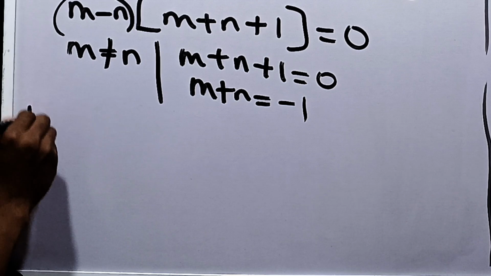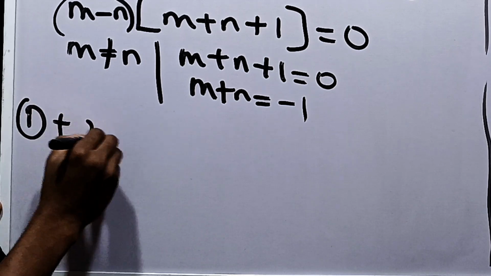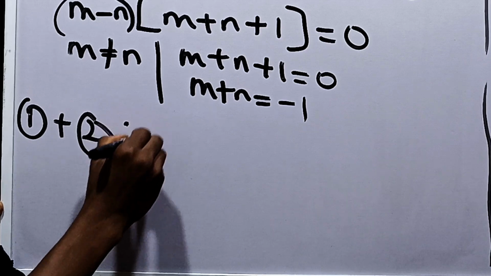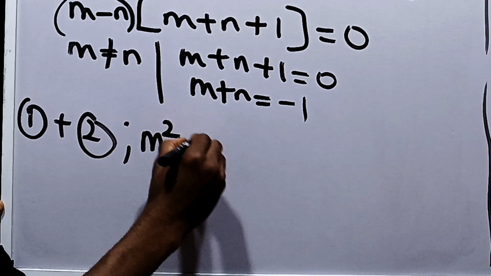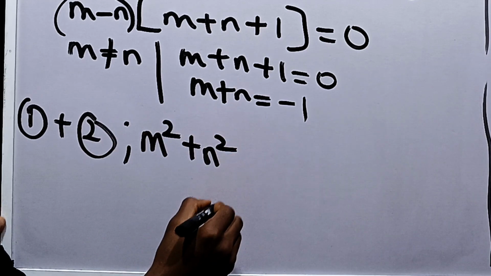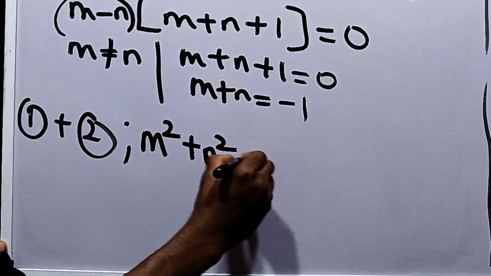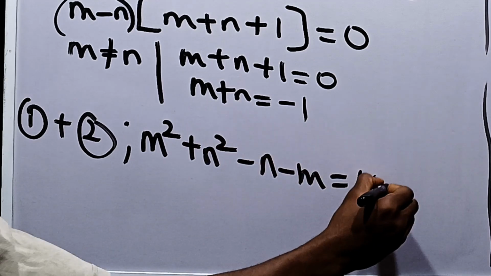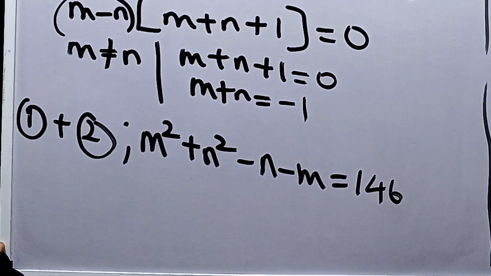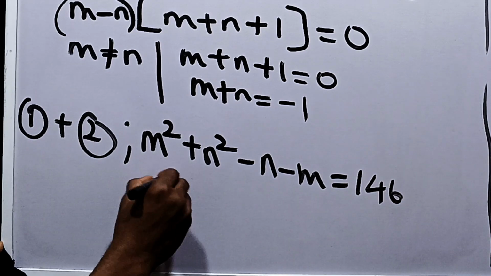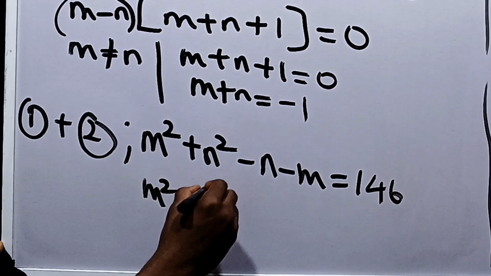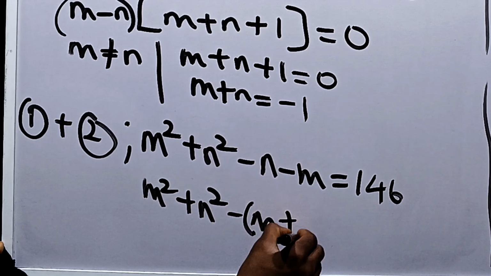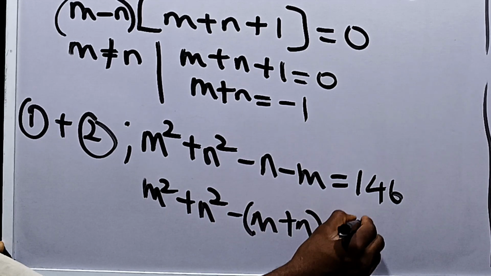Now we have equation 1 plus equation 2 would have m squared plus n squared. Okay? Now we have minus n minus m is equal to 146. Okay? Now that's m squared plus n squared, this is minus into m plus n is equal to 146.